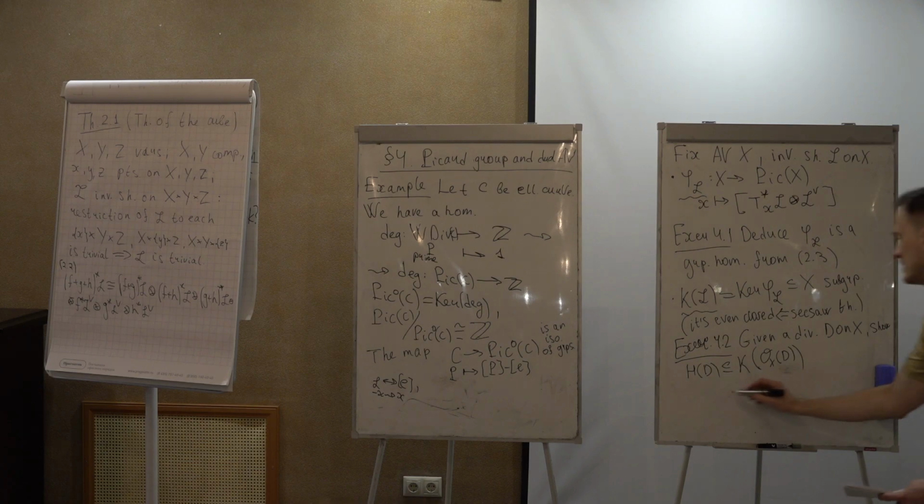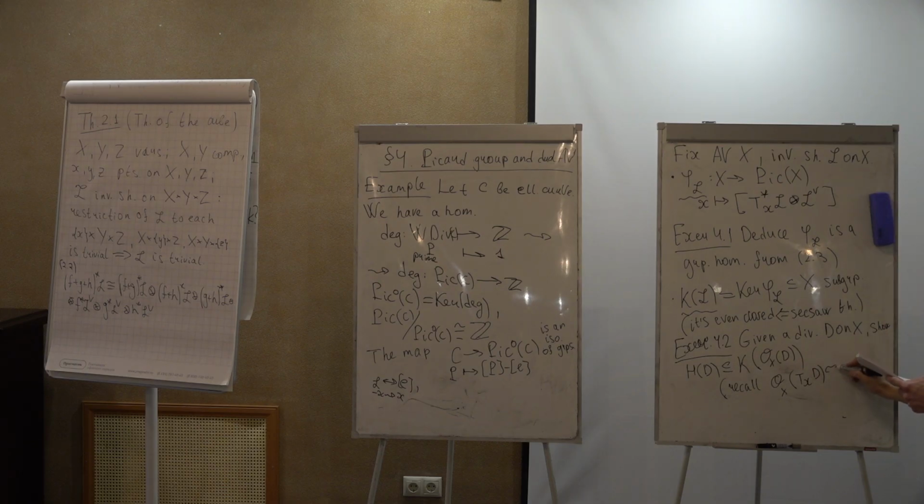And for this, maybe you will need to recall what we discussed previous time, that the shift of a divisor is related to the pullback of the sheaf like this: t_{-x}^* of O_X(D).